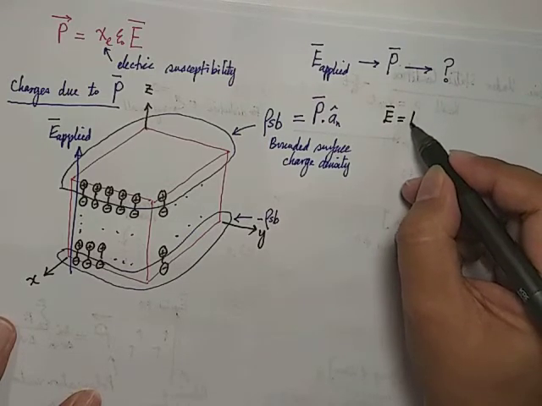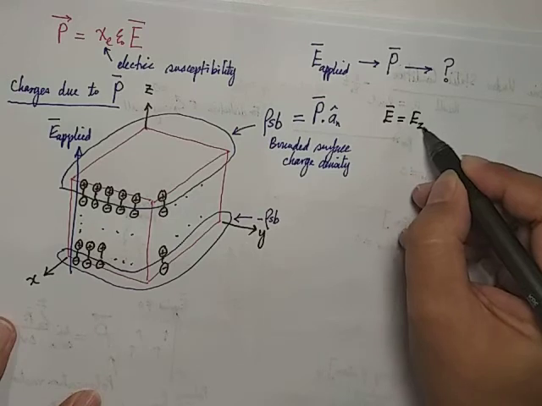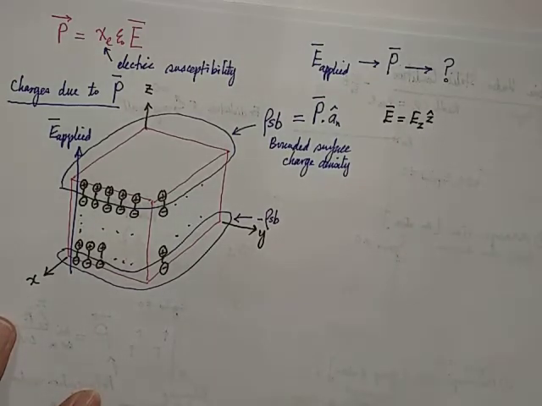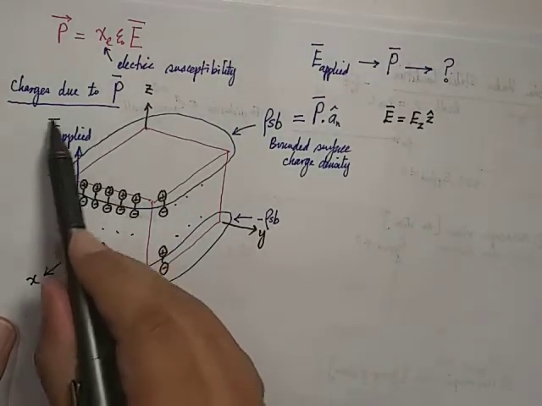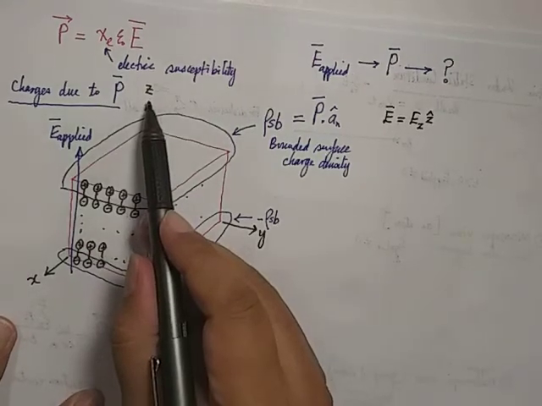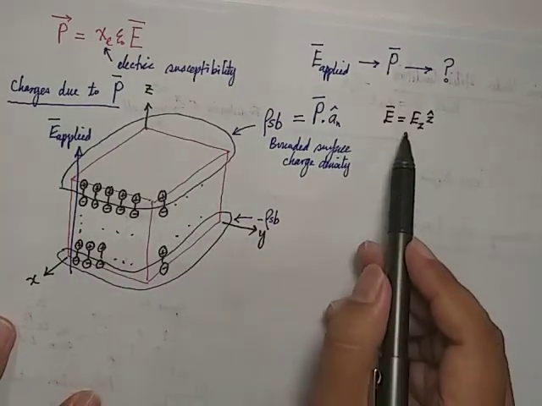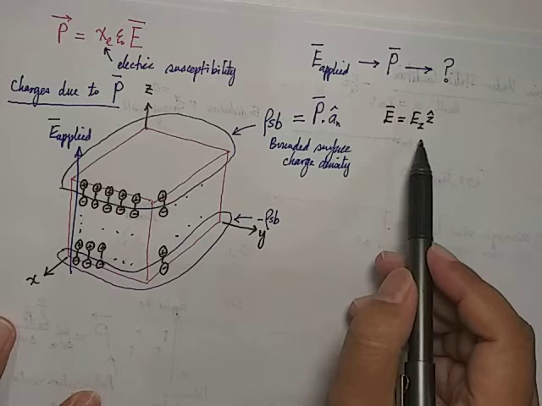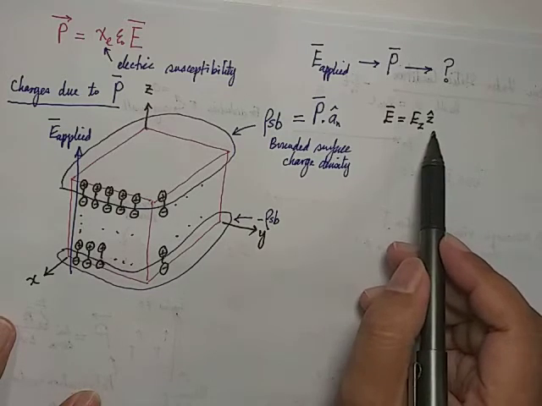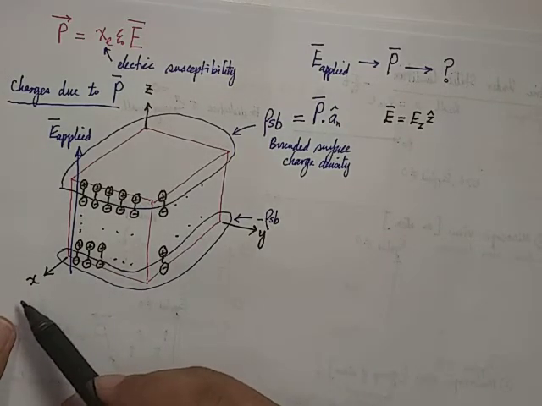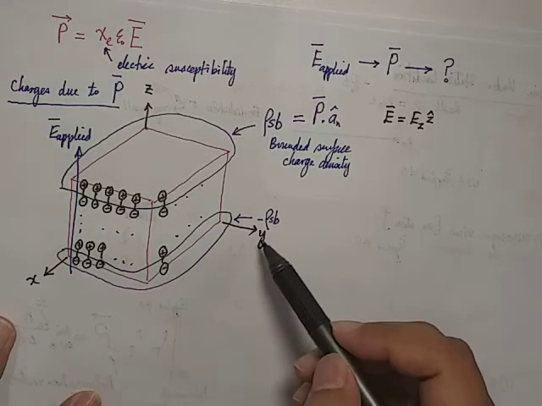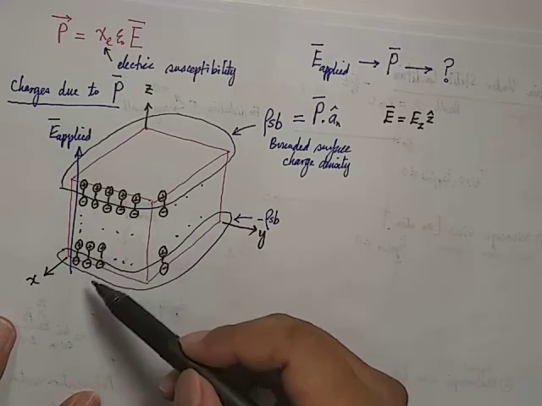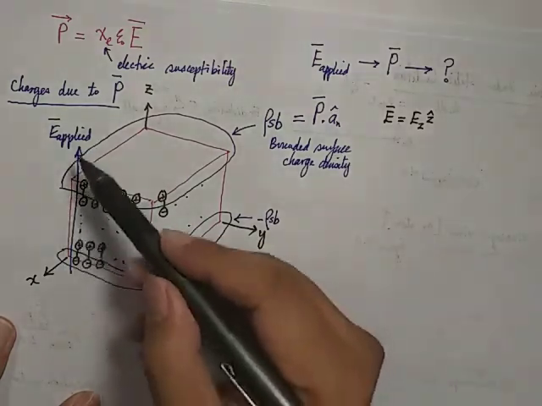Good, the E can be represented in the Z direction. Do we agree? So we see that the E is parallel to the Z direction. So we're going to say that the E is equal to the magnitude of E in the Z direction, because the X component and the Y component of the E do not exist here since the E is shown as such.